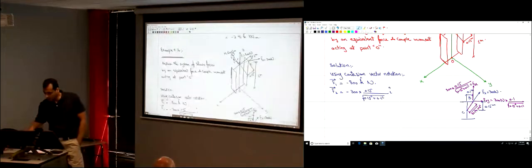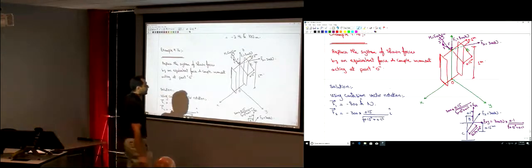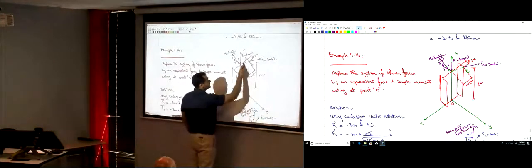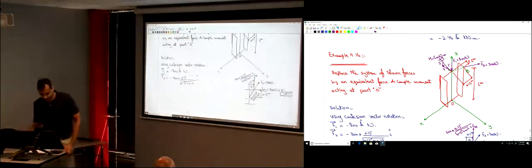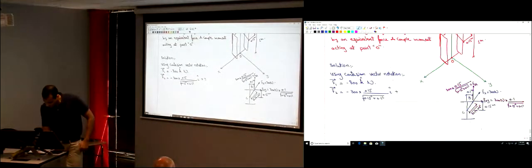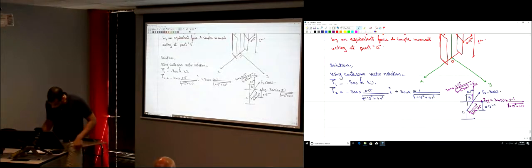And then about the j, this is the positive y-axis, so this is positive 300 multiplied by 0.1 divided by the square root of 0.15 squared plus 0.1 squared.